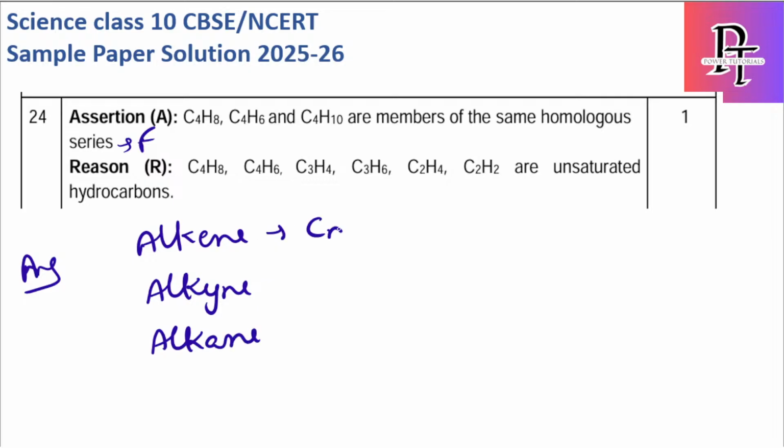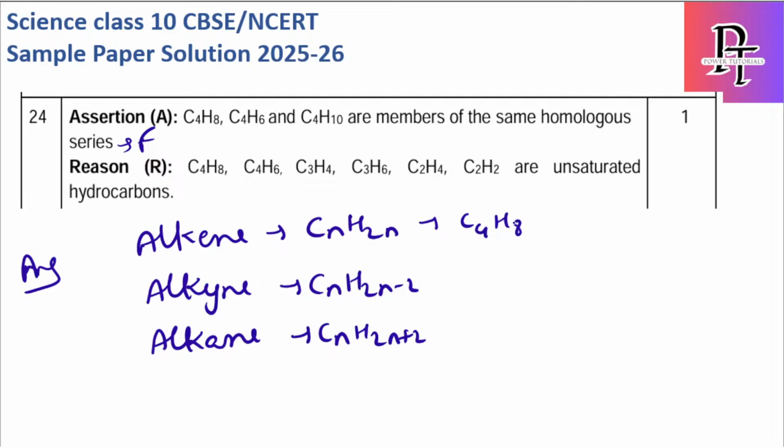Alkene is CnH2n, alkyne is CnH2n minus 2, and alkane is CnH2n plus 2. For example, here it is C4H8, it is C4H6, and here it is C4H10. Alkene has a double bond, alkyne has a triple bond, and alkane has only single bonds. These two are unsaturated, whereas this is saturated.